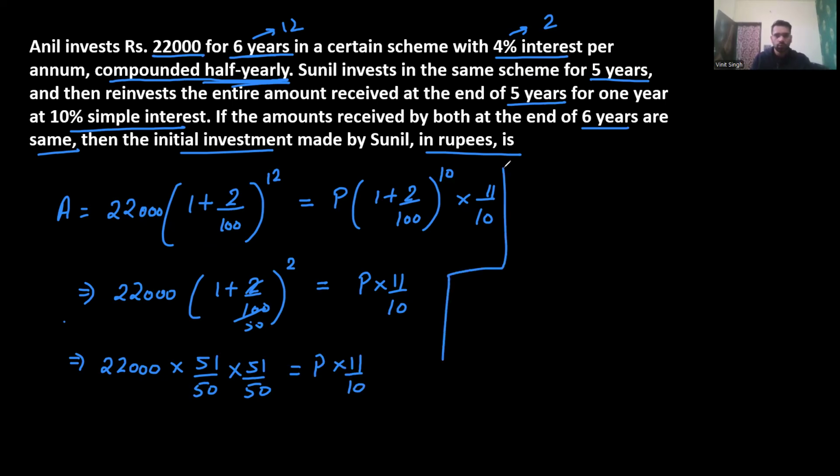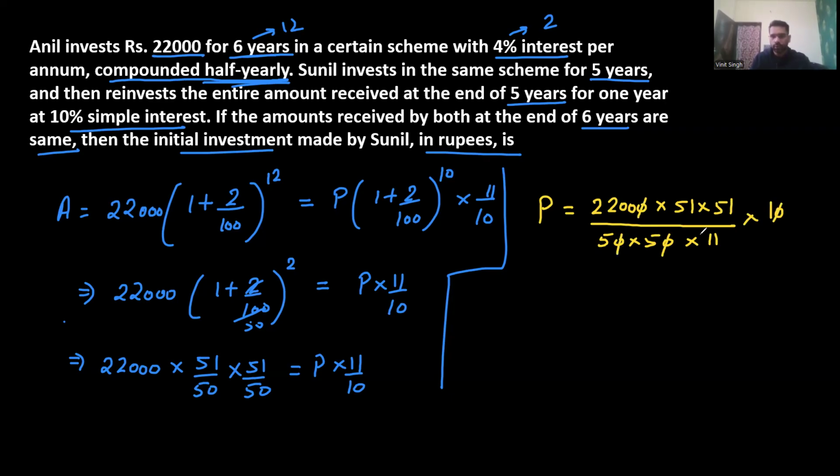Now we will solve for P. P is equal to 22,000 into 51 upon 50 into 50 into 11 into 10. Zero and zero cancel, then cancel.